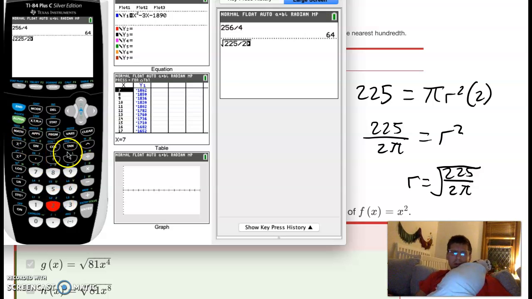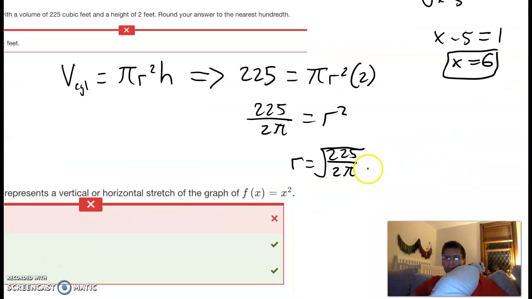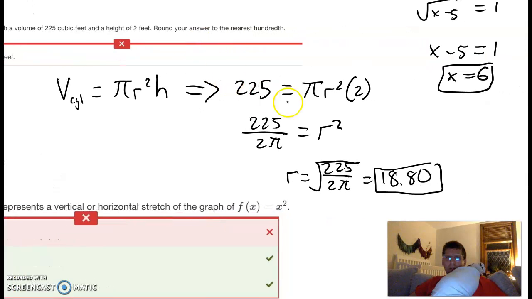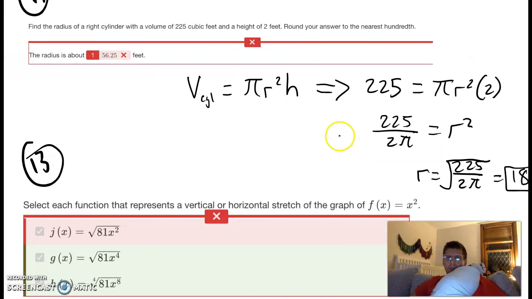Where's the pi? I don't see it. Is that it right there? Okay. So for the hundredth, it'll be 18.80. And feet, right? So the radius would be 18.80 feet.